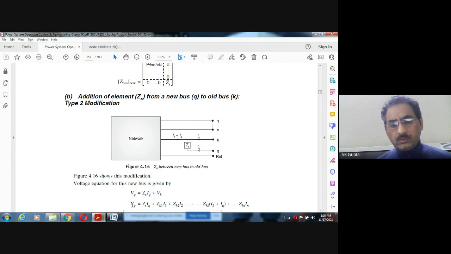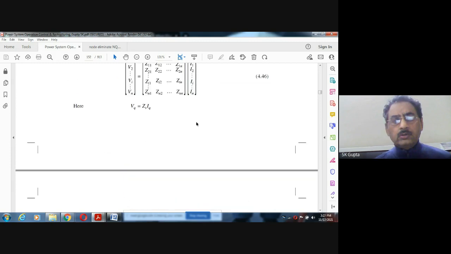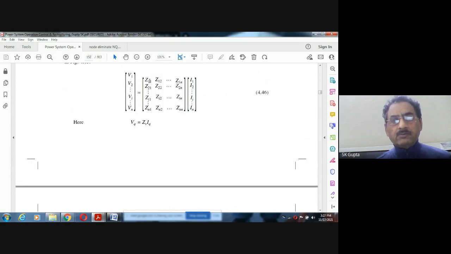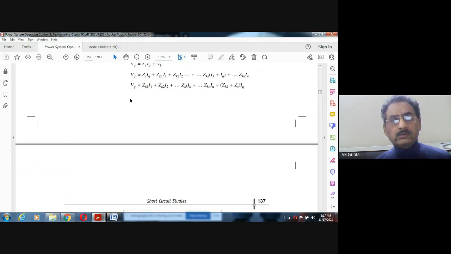So this is the voltage of the qth bus. Now the voltages of the other buses will also be modified. Voltage of the first bus, voltage of the second bus: V1 will be Z11 I1, Z12 I2, up to Z1N IN, and similarly V2 to VI. And in this case, this was the equation for VQ, with ZKK IK and ZKK IQ taken separately.